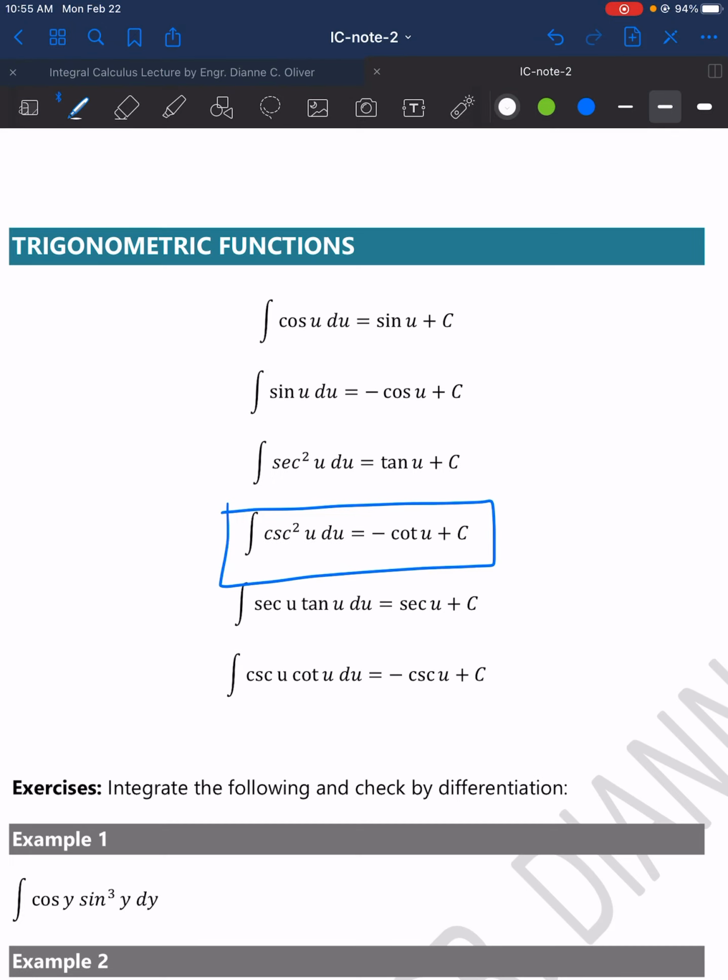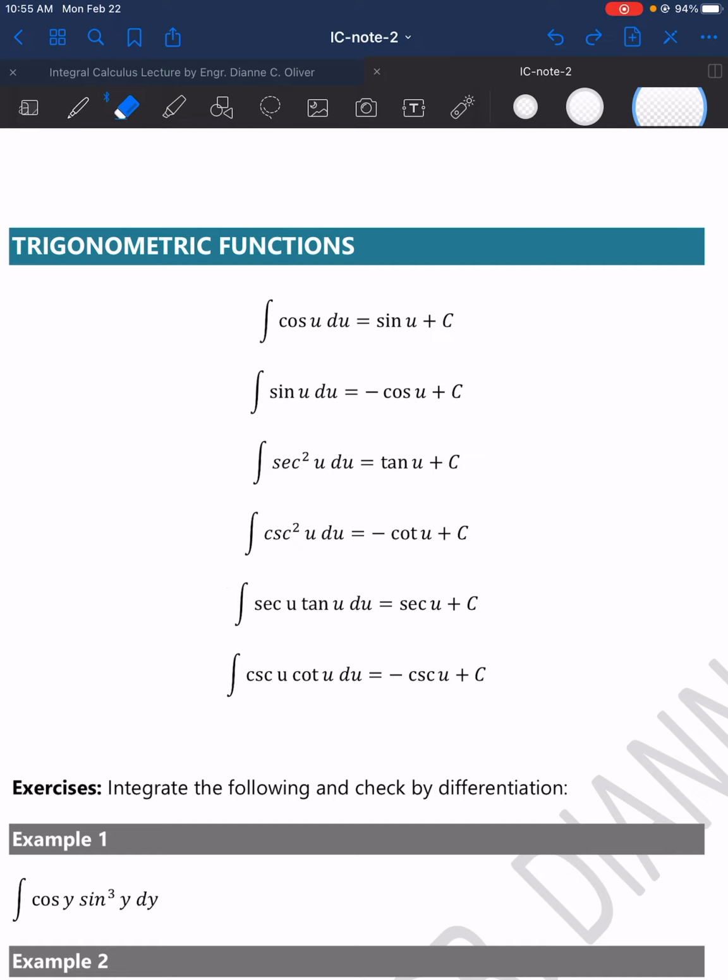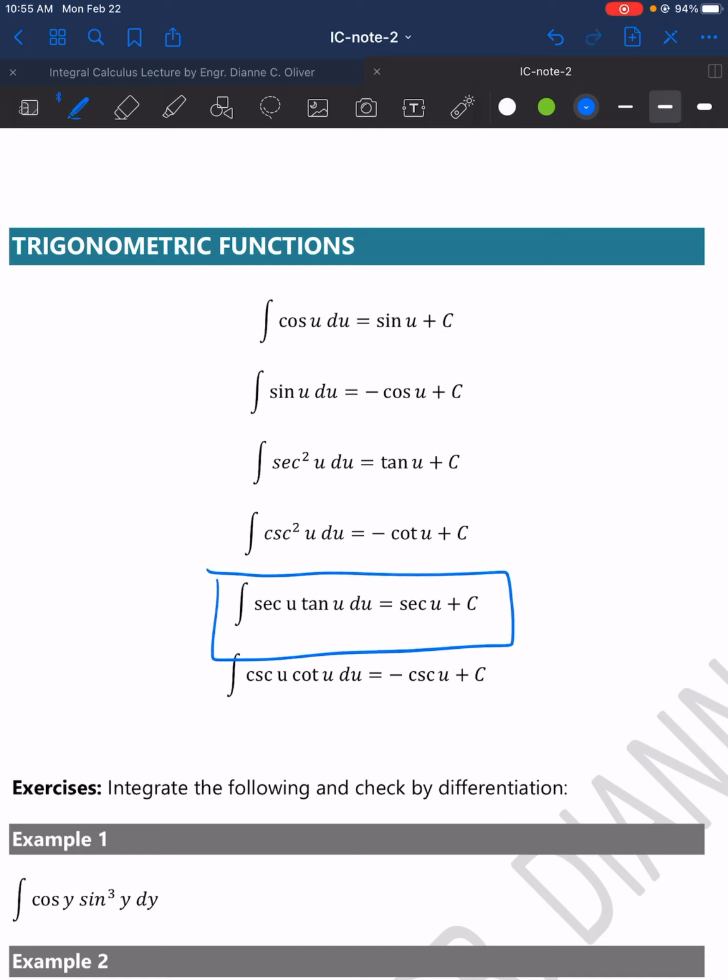The formula for trigonometric functions. So the pattern for secant, so the given is secant tangent. So do we have a pattern for secant tangent here? Yes, we have here a pattern for secant tangent here, this portion. Integral of secant u tangent u du is equal to simply secant u plus c.